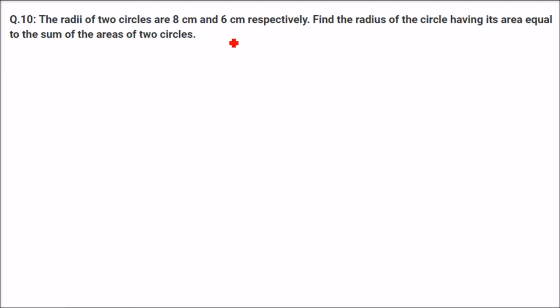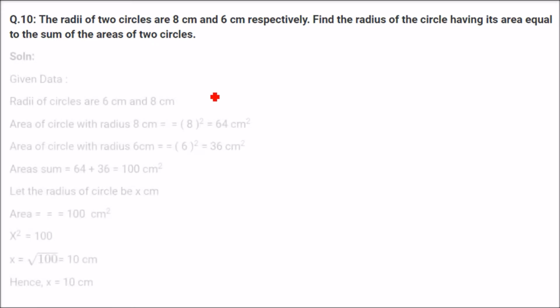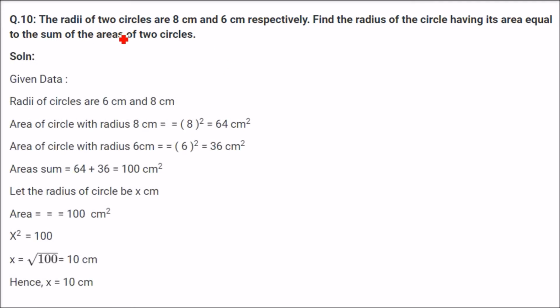The radii of two circles are 8 and 6 centimeters respectively. Find the radius of the circle having its area equal to the sum of the areas of the two circles. So the area of a circle with radius 8 will be pi r1 square, that is 8 square, and pi into r2 square, 6 square.